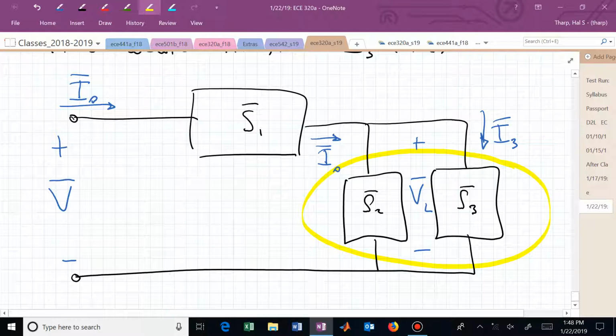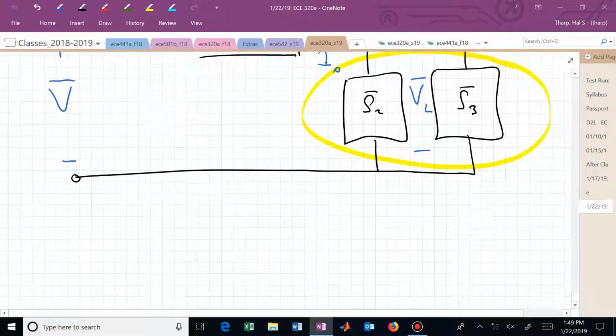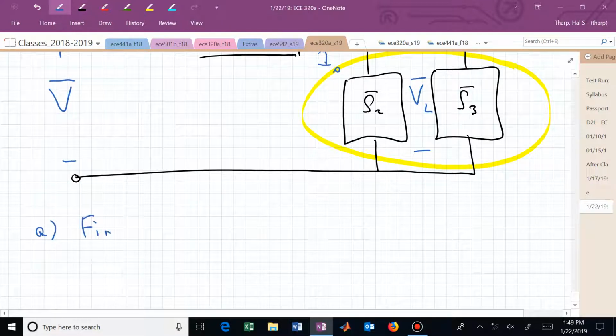We'll be able to back out the current from that piece of information. So now what I'm trying to say is let's now find the complex power associated with those two subsystems. And I'm going to call that, let's say, S sub 2,3.